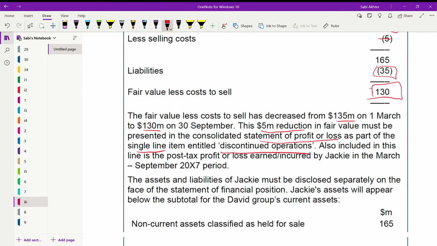Also included in this line is the post-tax profit or loss earned or incurred by Jackie in the March to September 2007 period. In this discontinued operation, not only that fair value change, but also whatever the profit and loss earned from March to September 2007, for that 7 months, is included.